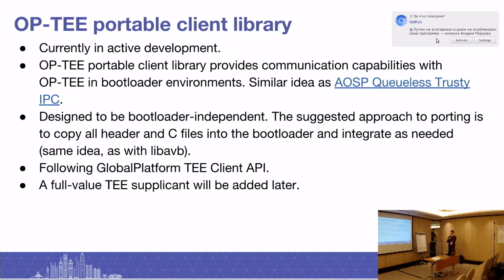They have a library to communicate with Trusty TEE, and it is supposed to be used from bootloader environments, and to be ported the same way as libAVB and libAVB-AB. So we decided to follow the same way, but in our case provide the GlobalPlatform TEE client API to U-Boot.